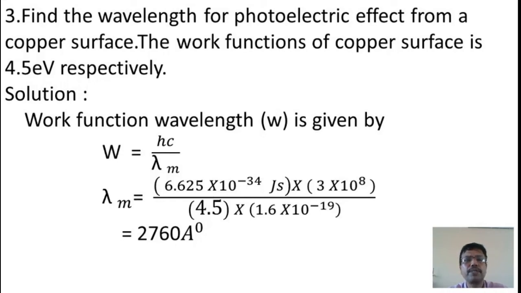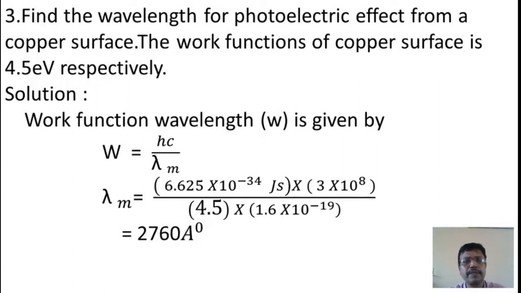What is the expression for work function? The expression is W is equal to hc by lambda m or lambda naught. Substitute the values of h, c and W. That is, lambda maxima or lambda naught is equal to Planck's constant h, 6.625 into 10 power minus 34 joule second, into c, 3 into 10 power 8, divided by W, 4.5 electron volt, that is 4.5 into 1.6 into 10 power minus 19 joule.